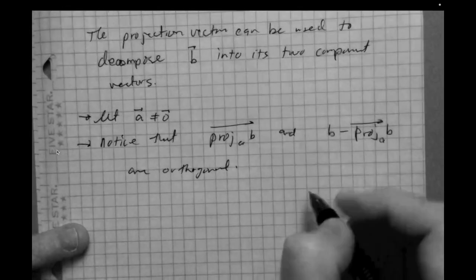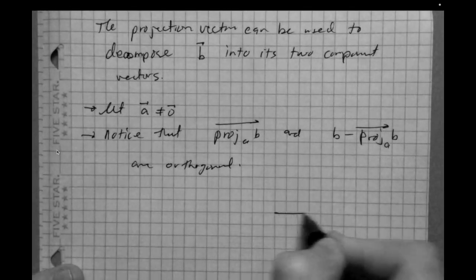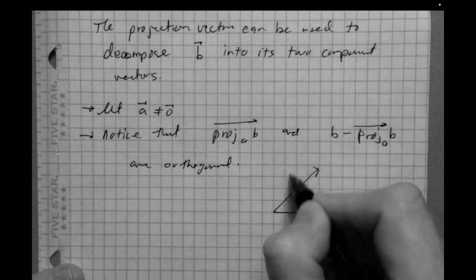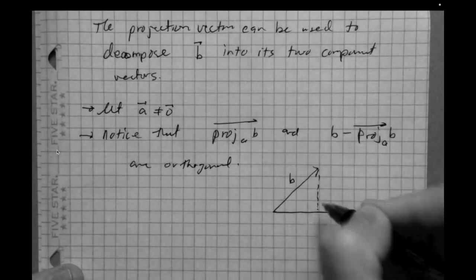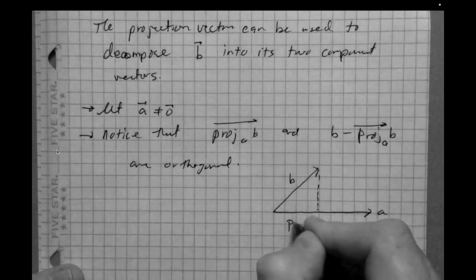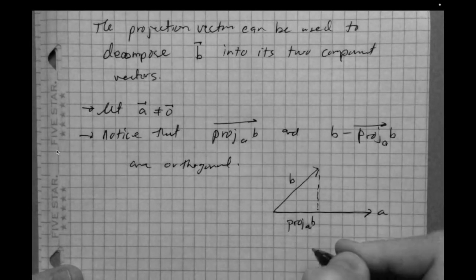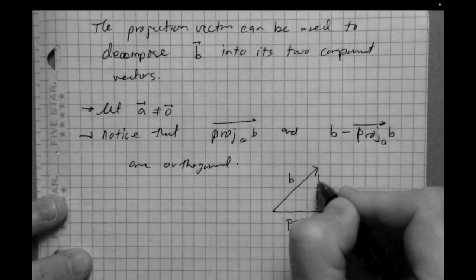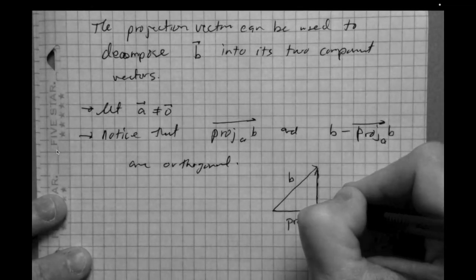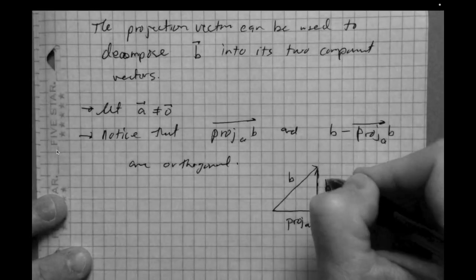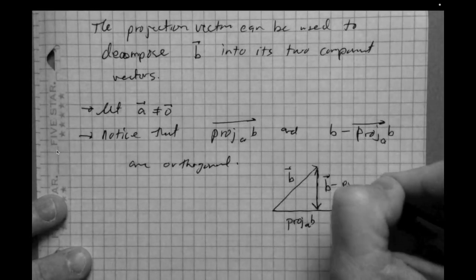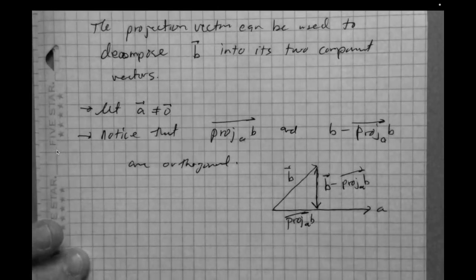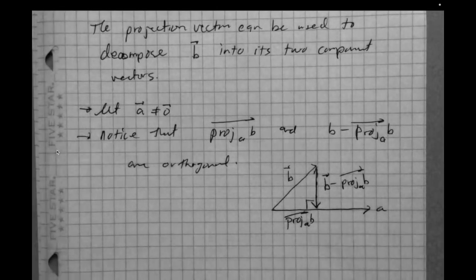Okay, so what do we mean by this? Let's draw a picture. So here's my A again. Here's my B. So this down here is the projection of B onto A. And this vector, if you think of a third vector as lying here, this would be B minus the projection of B onto A. Now these are obviously orthogonal, by construction.